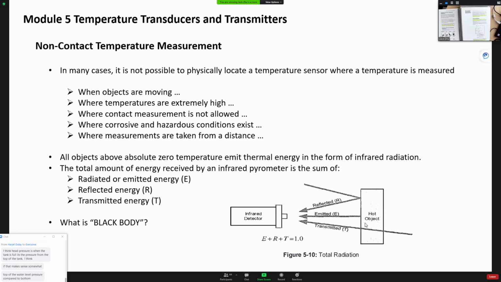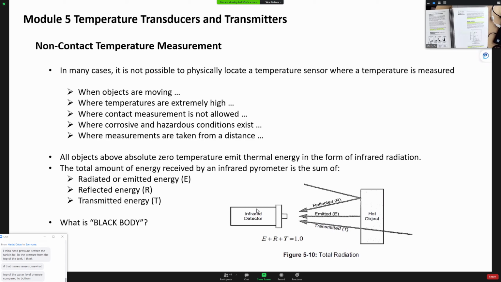Or if it's transparent like glass or certain material, the light can shine through, and energy from somewhere else can travel through. But if it's a black body like metal or anything, they cannot let any light shine through or travel through. Then you cannot measure the transmitted energy.